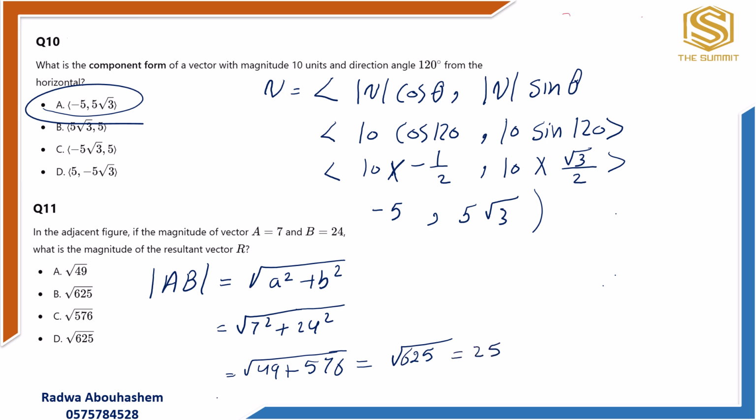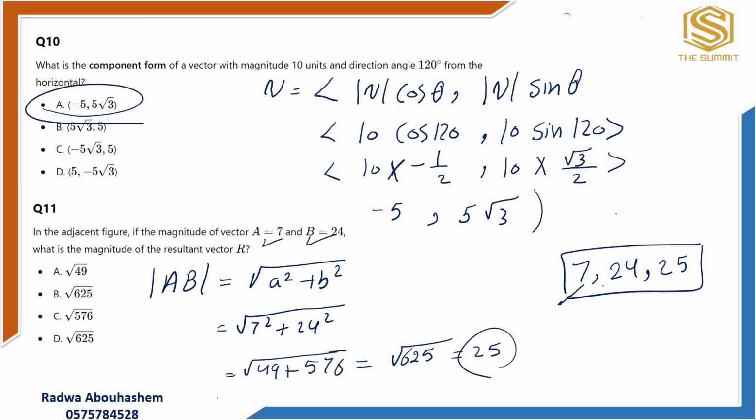How could I know this simply without all of these calculations? Remember, the magnitude of the vector is just like the Pythagoras theorem, and we have a famous triangle, which is 7, 24, and 25. So I have 7 and 24, so the answer will be 25. So the square root of 625 is 25.